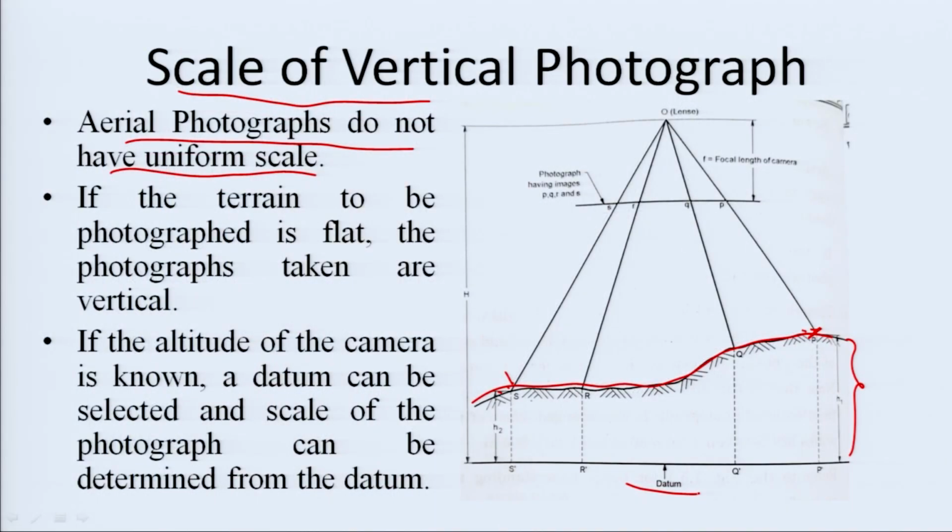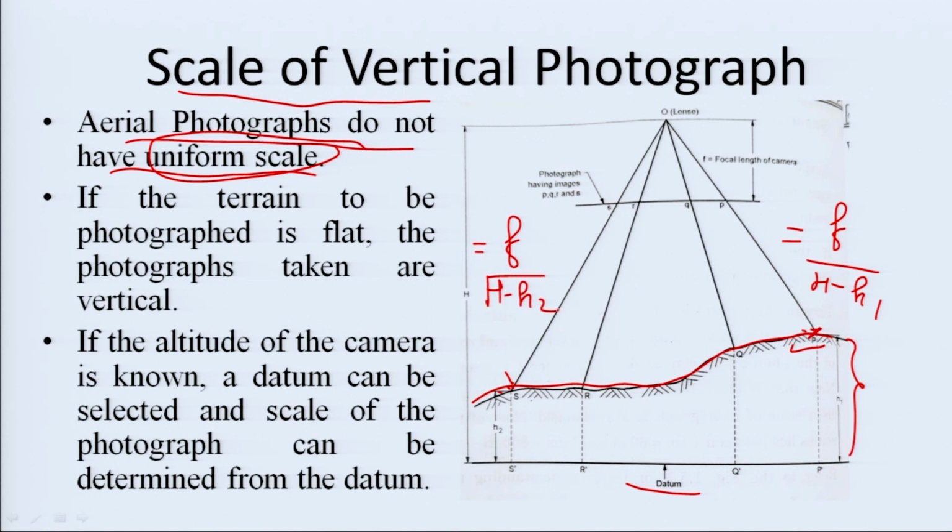Therefore, the scale used in aerial photography does not have a uniform value. It can change. For example, for point P, the scale can be f upon H minus h1, and for point S, the scale is f upon H minus h2.